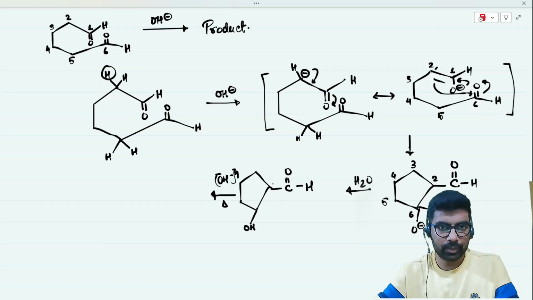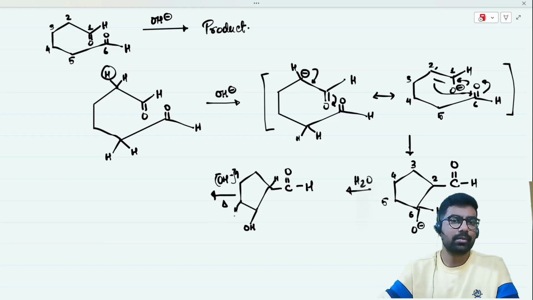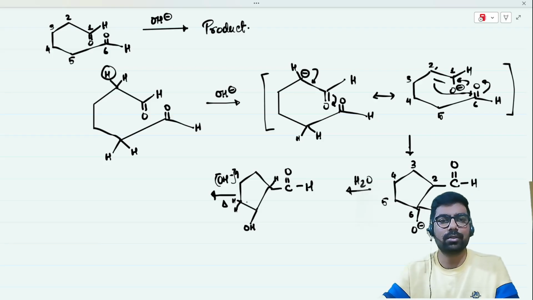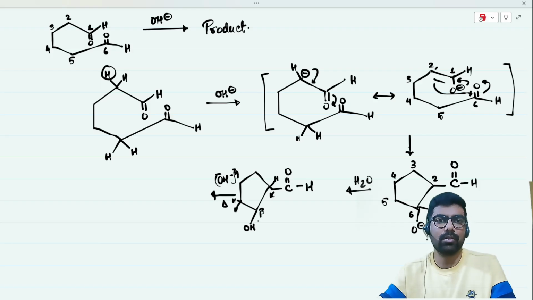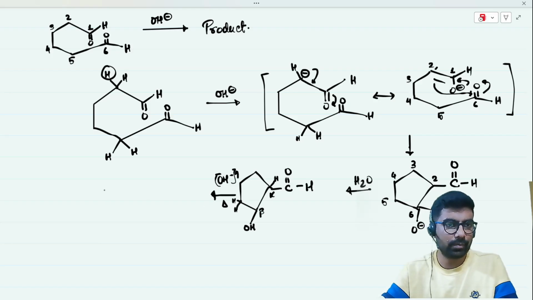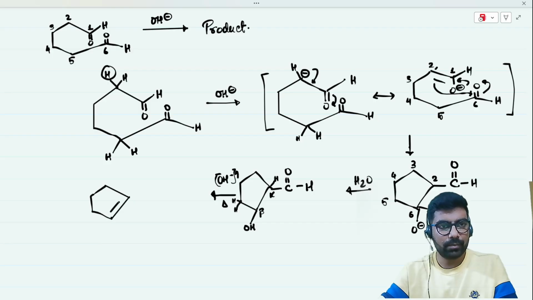Now see, this carbon also has a hydrogen, this carbon also has a hydrogen. So which carbon will undergo elimination? Always we know that this is my alpha carbon, this is my beta carbon. So always an alpha beta unsaturated compound will be formed. So the double bond will come up over here.